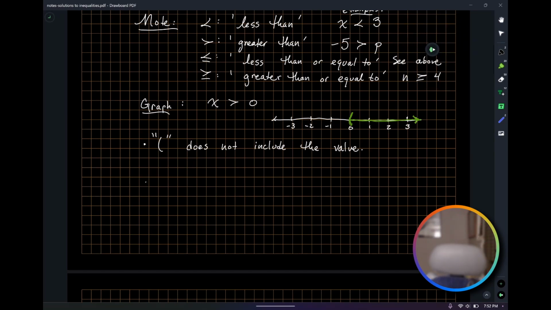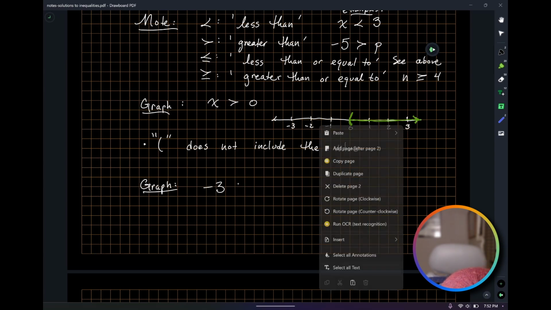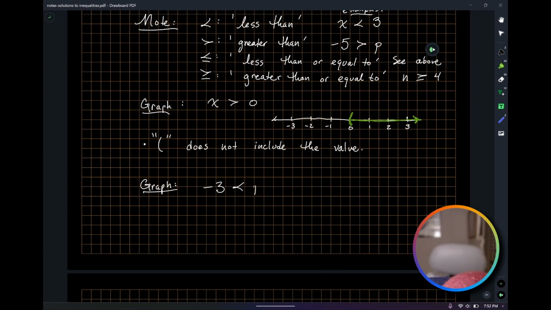And last example, we'll wrap it up. Let's graph the statement, I like this one: -3 is less than p. So this reads, -3 is less than p. I kind of think about that in reverse.